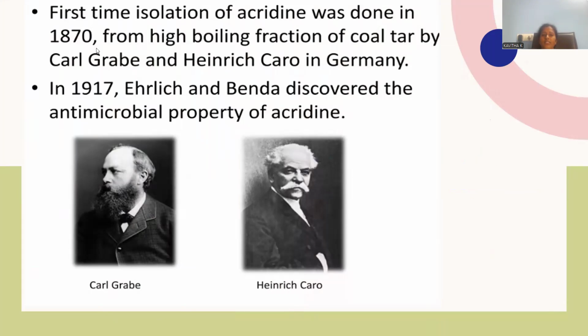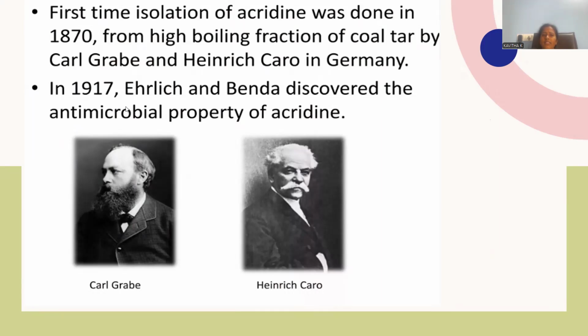In 1870, they collected it from the natural material coal tar by boiling fractionation process. Fractional distillation is the chemical method to separate all the fractions. These scientists successfully collected the material called acridine.